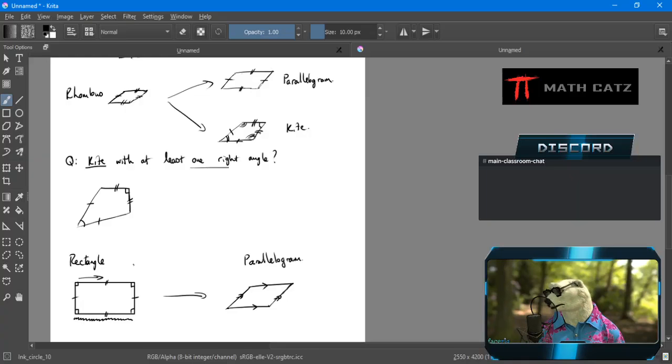How did I relax that more structured rectangle? How did I relax the more structured rhombus to have this parallelogram family that they both belong to, but a rhombus and a rectangle aren't necessarily the same? So it's just some way of navigating this.